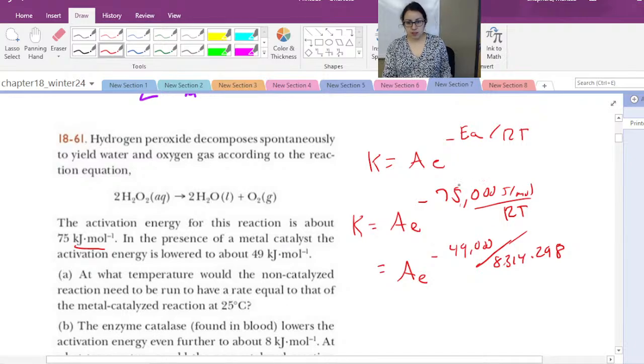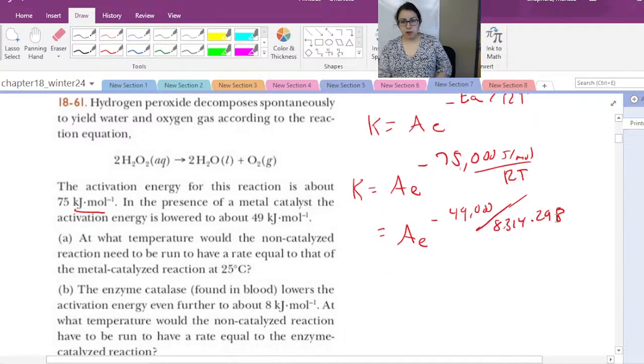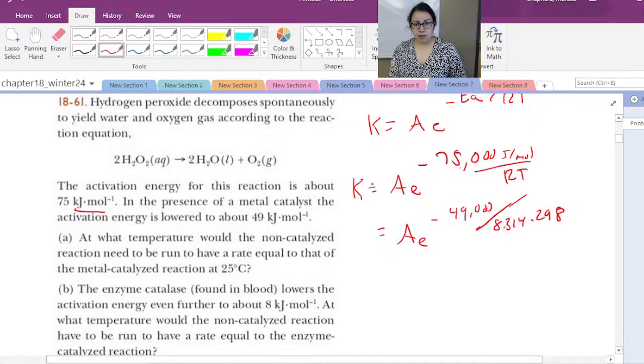So do we at least get to here? Tori did this setup correctly. We have our first activation energy, and we're trying to solve at what T it's going to be equal to. We said our second condition was our metal catalyzed reaction, and again, Tori plugged in the correct conditions.